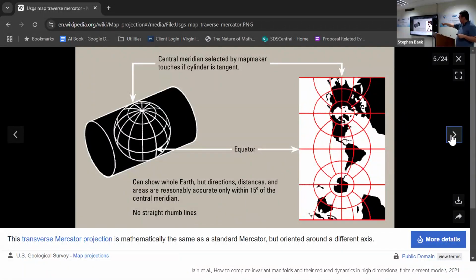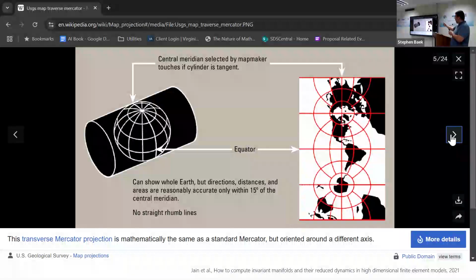So we're making the projection in the same way, but in a transverse direction. So as a result, now the Antarctica over here is well represented, right? The size of Antarctica is represented correctly. And now Canada is much smaller compared to the original Mercator projection. But with this mapping, the angles are distorted.